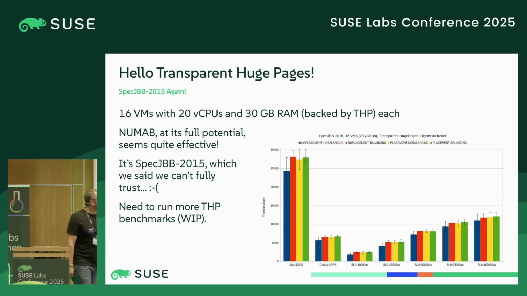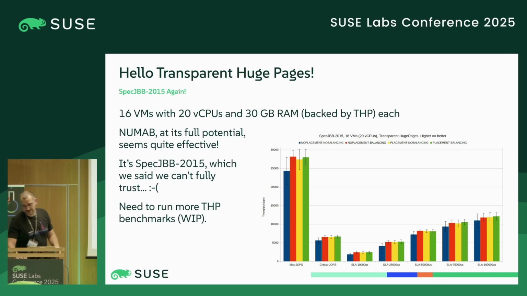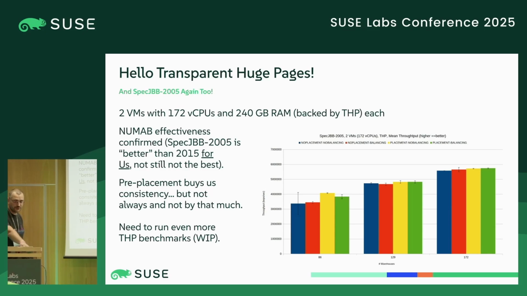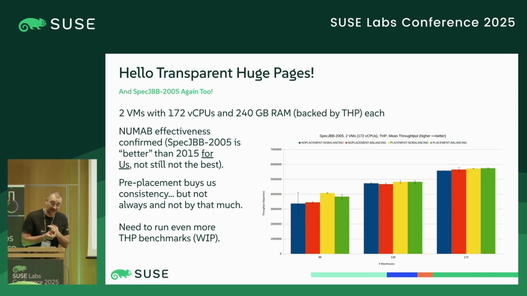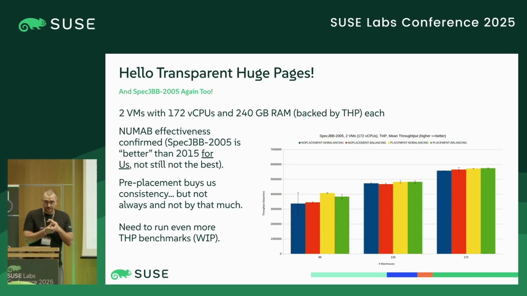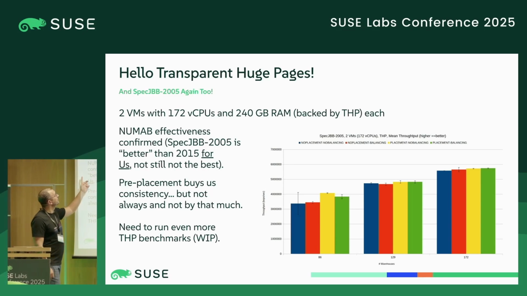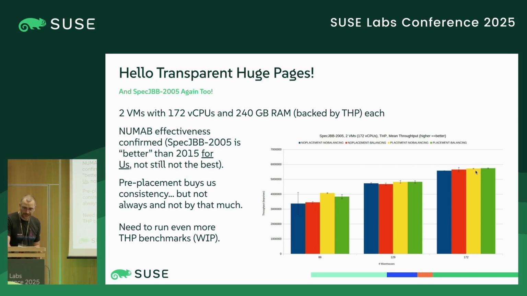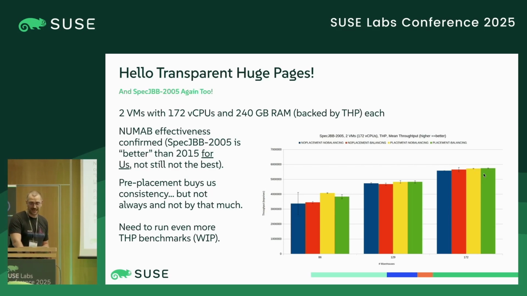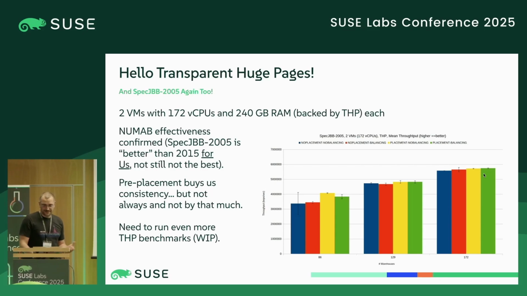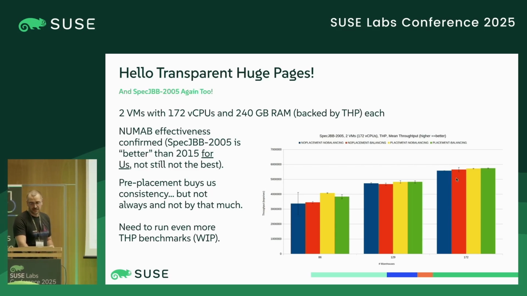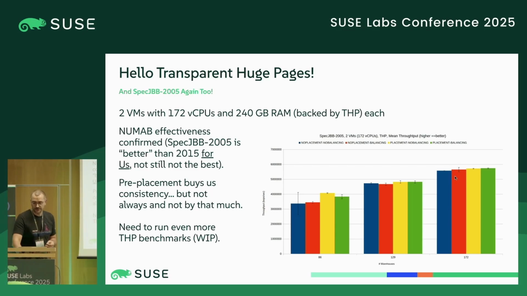Because we see, for example, well, this is again 2015, so let's not look at it, but even if you look at the 2015 variant of SPECjbb, we see that in this case, having done placement has become rather uninfluential, because the configurations with automatic NUMA balancing are able to pretty much catch up.